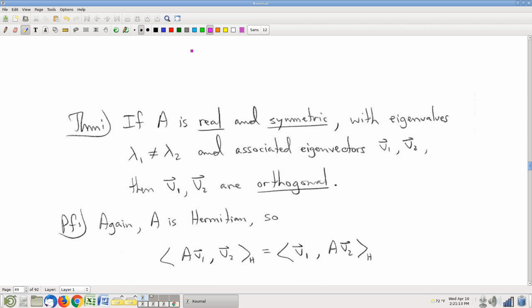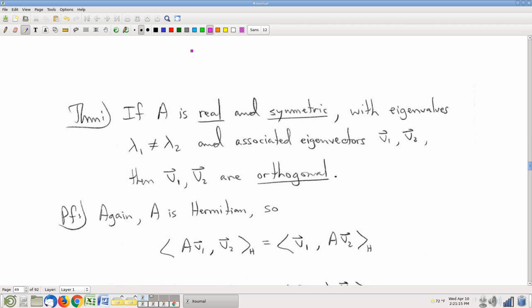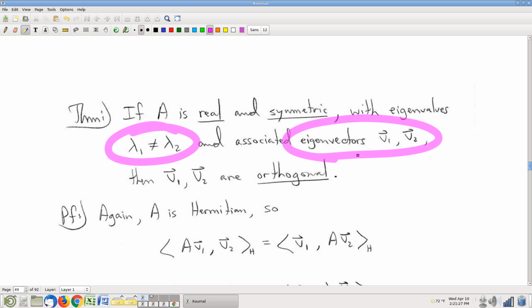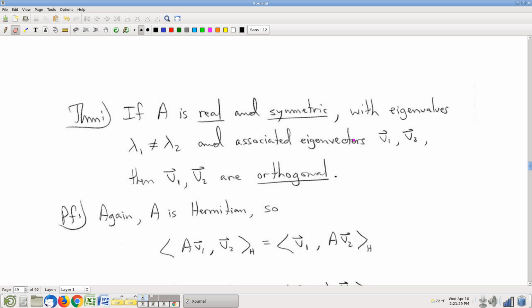Okay. Related fact. Real symmetric matrix. Suppose you have a couple of distinct eigenvalues, with corresponding eigenvectors. To a great surprise, these eigenvectors with distinct eigenvalues are orthogonal. Super weird.